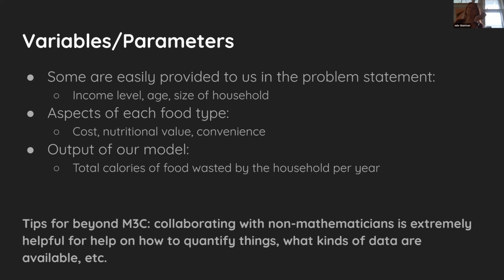So other things that I included, well, I guess we got them all. The only other thing would be the aspects of each food type that wasn't covered. So for instance, the cost. If you have a lower income, you're probably going to buy less caviar, right? Also, convenience.